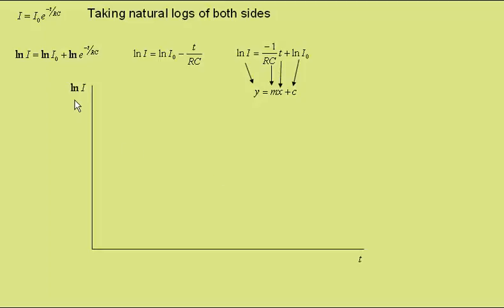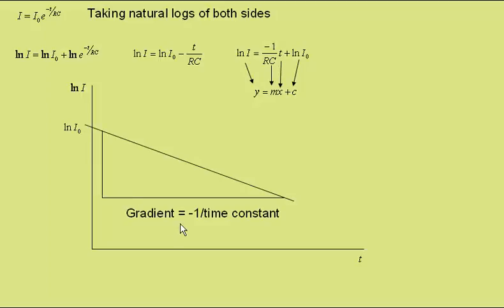So here's our axes for natural log of I against t. We would end up with a negative gradient, the y-intercept natural log of our starting current. The gradient is minus 1 over the time constant.